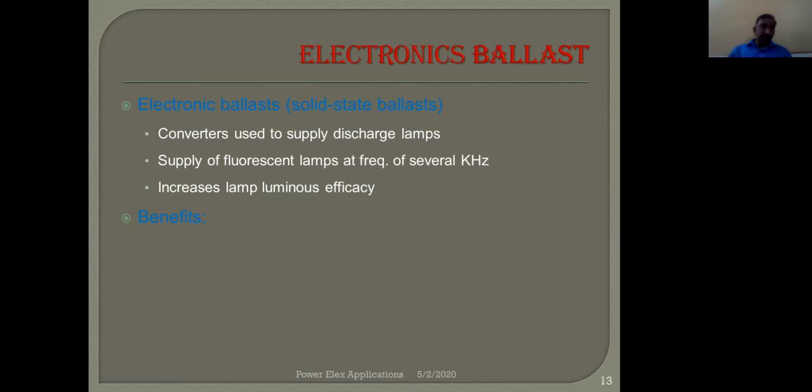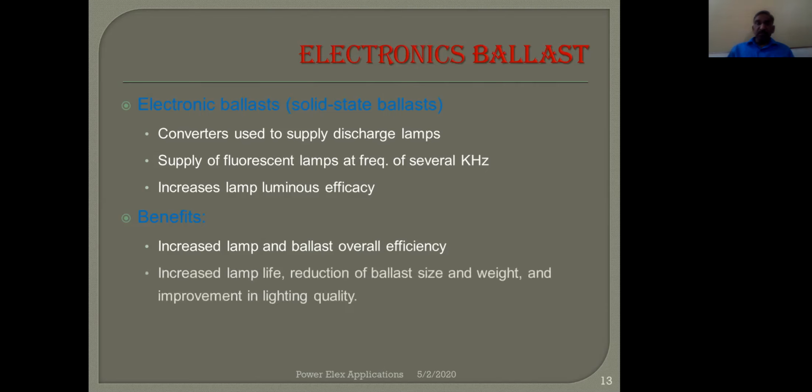If that part is more, naturally the light intensity and efficacy will be better. So what electronic ballasts do, or what the benefits after using a ballast are: it increases efficacy as well as efficiency, and the lamp life itself.